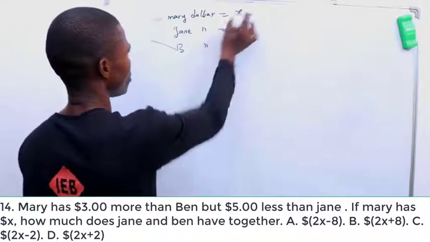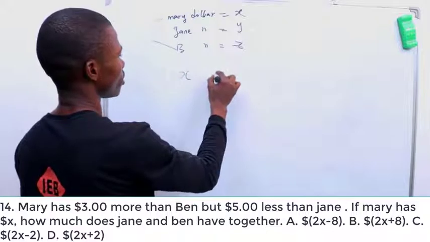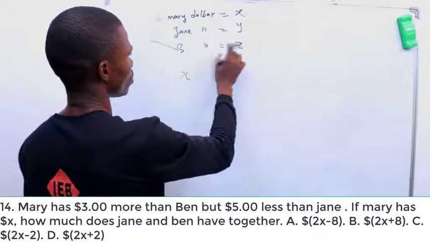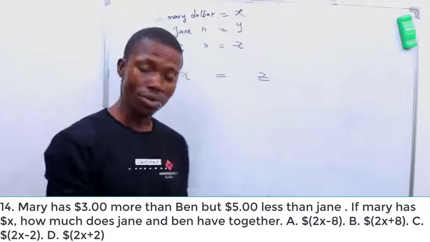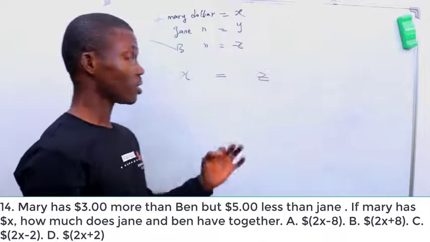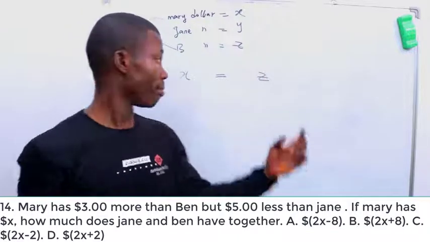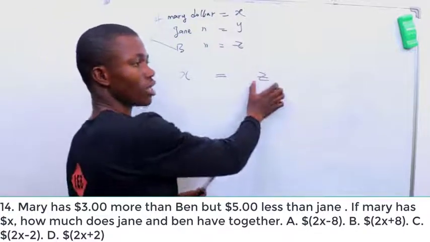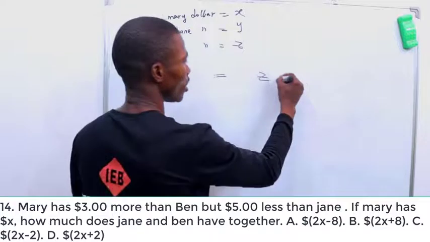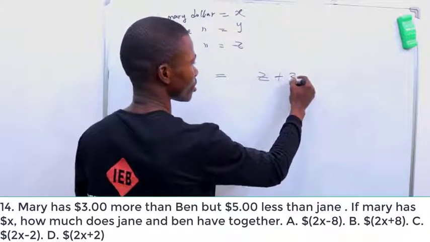So they say that Mary has $3 more than Ben. Here is Mary. Mary's money is X, and Ben's money is Z. Mary has $3 more than Ben, so for Mary's dollar and Ben's dollar to be equal, Ben should have an extra 3.